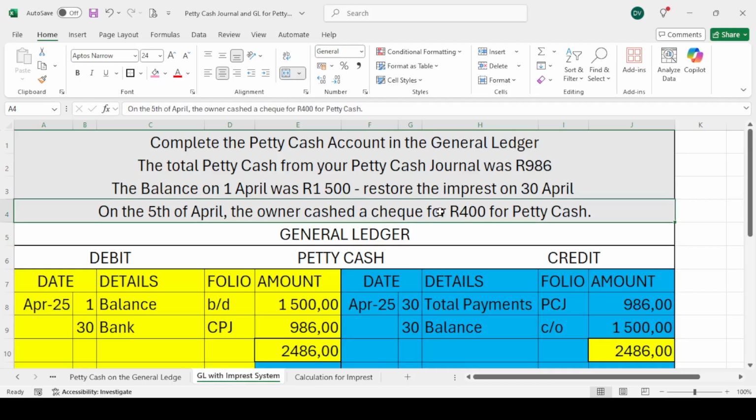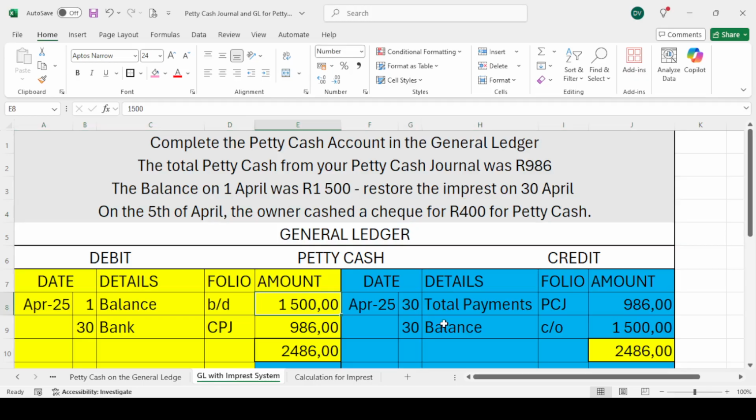Because this 400 Rand throws out all this predictable calculations. Predictable, I'm using that word because if you've got 1,500 and you're using 986, all you have to put back is 986.